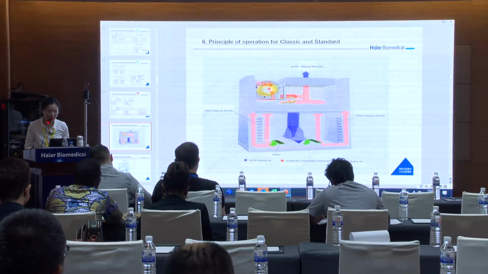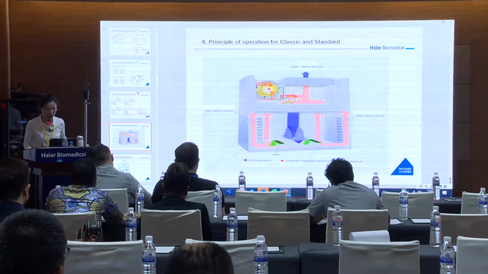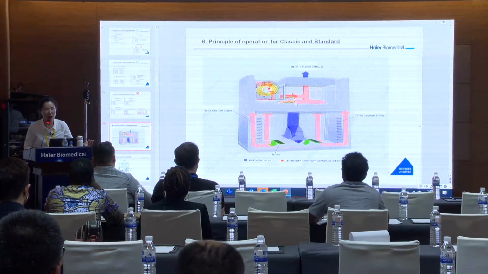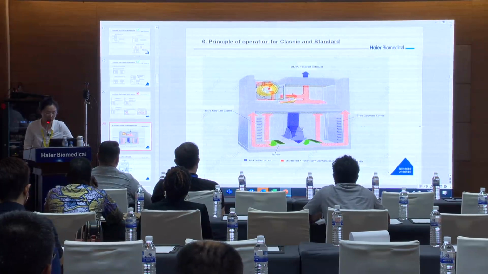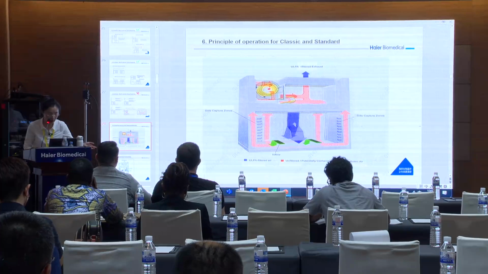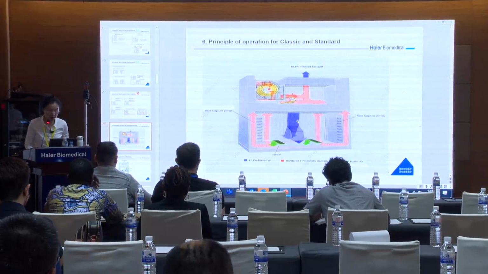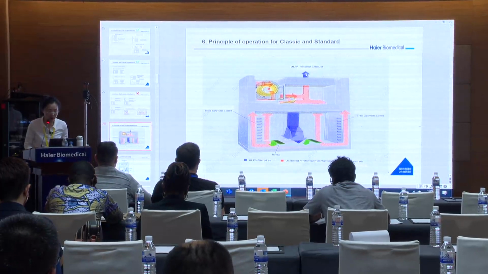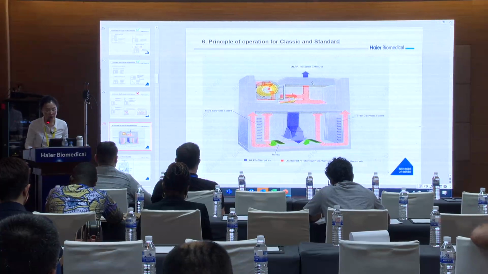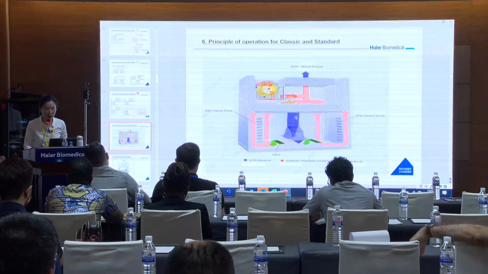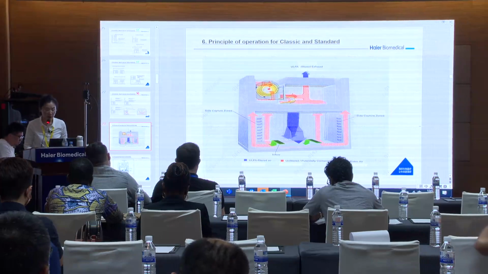This would be filtered by the filter, and then one part of the flow will go down, and this green one is ULPA, already filtered, this filtered area, and the other part passes through and is filtered by the upper filter as exhaust. So 70% downflow and 30% exhaust.